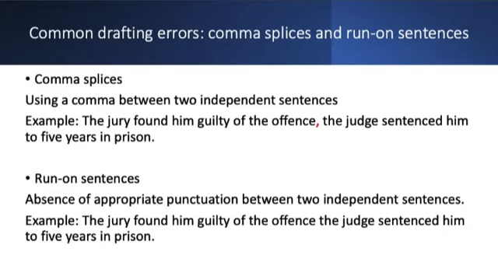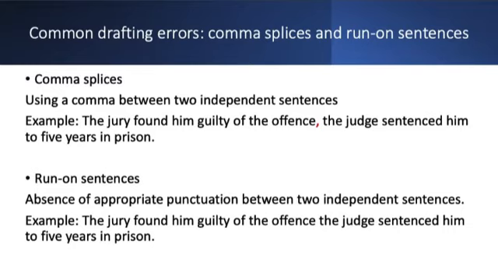So there are two distinct sentences in this one sentence. The first is the jury found him guilty of the offence. The second sentence is the judge sentenced him to 5 years in prison. They are two related sentences in that they are both part of an overall story about a court hearing, but they are independent.